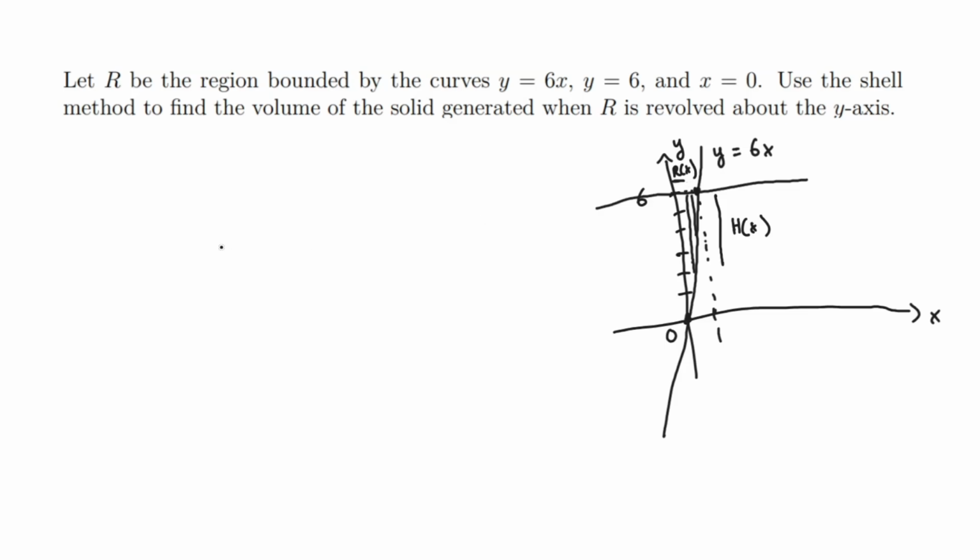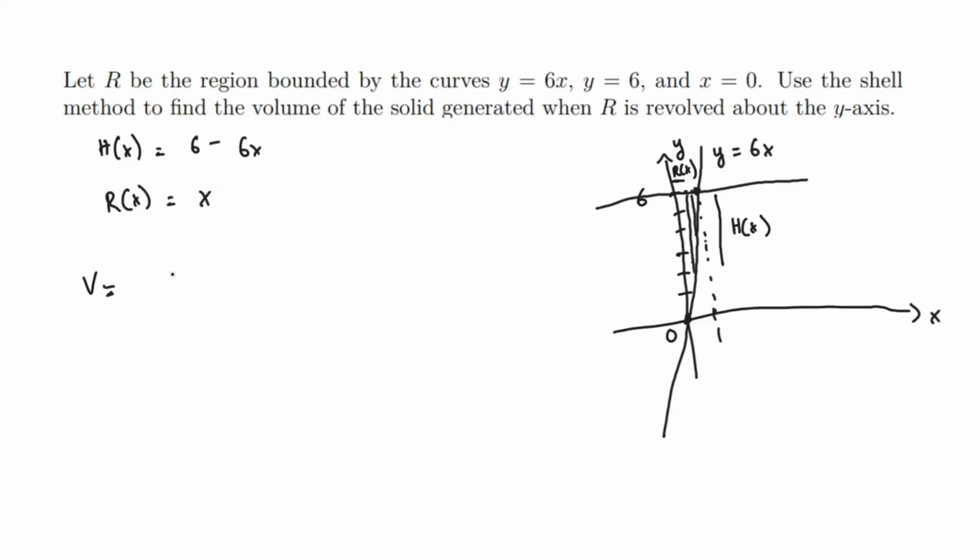So we have to identify h of x. What is h of x equal to? h of x is equal to this line, so this line is equal to 6 minus the function y equals 6x. So 6 minus 6x. And r of x is x.